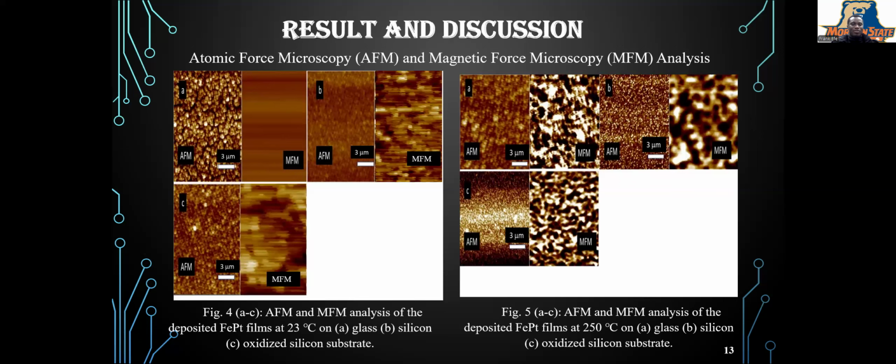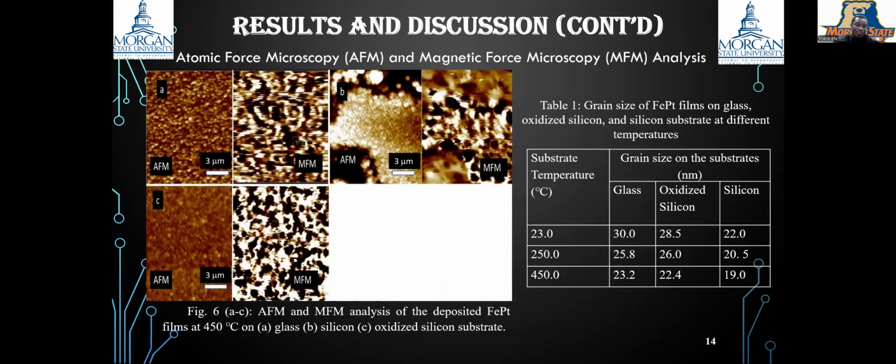For the AFM, the grains show uniform distribution. Also, as we increase the temperature to 450 degrees Celsius, we could see different magnetic structure in figure 6C here, 6B on the silicon substrate.